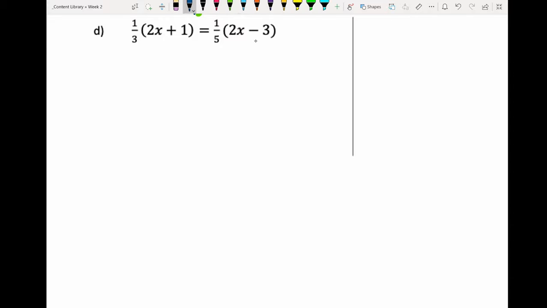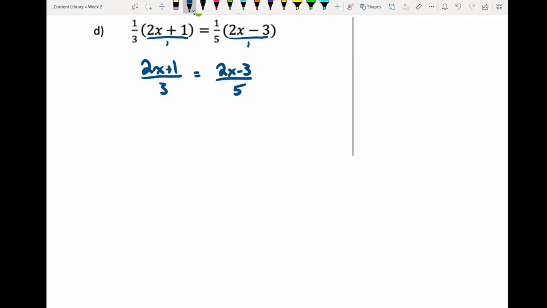So here I have fractions on both sides of the equal sign. I'm used to, or should be familiar with, how to combine them based on my understanding of multiplying fractions. So the one side should be 2x plus 1 divided by 3 equals 2x minus 3 divided by 5.